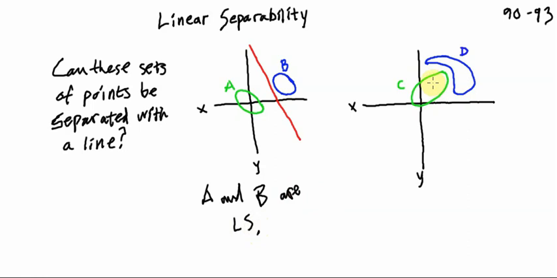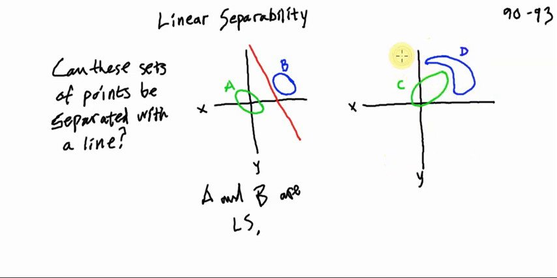There should be some way of categorizing the C's and the D's, distinguishing them, but it's not as simple as drawing a line between them, because any line you draw that keeps C on one side is going to get some of the D's on that side, no matter what you do. And any line you draw that tries to get all the D's on one side is going to also capture some of the C's. So there's just no way to draw a line.